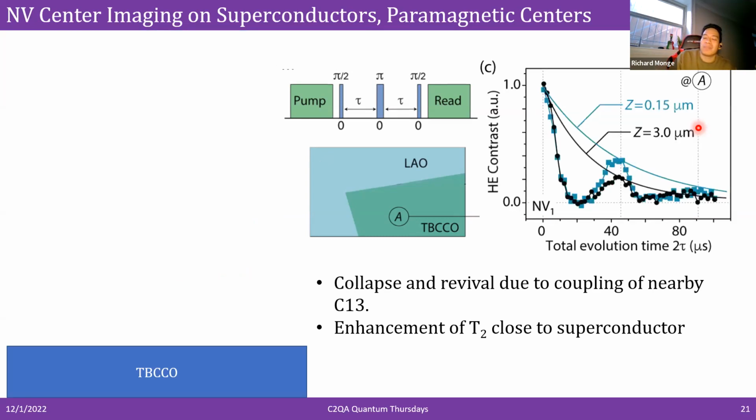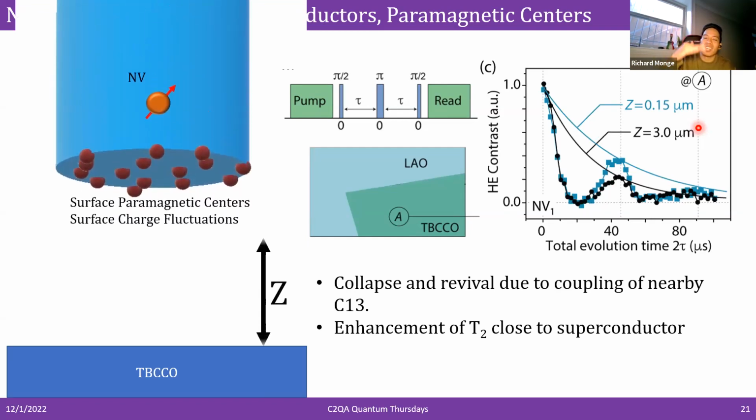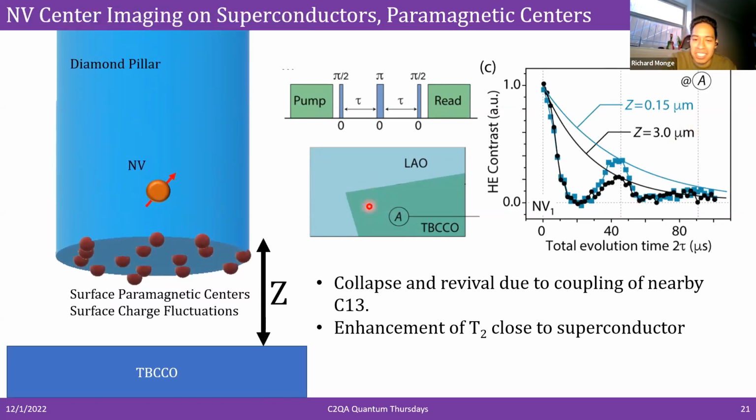To confirm this effect a bit further, we now are going to change the Z. We're going to remain on position A on top of the superconductor and change the distance. And we still observe the same effect: at 150 nanometers away from the superconductor, we get 43 microseconds, and 3 microns away from the superconductor, the T2 spin lifetime is 29 microseconds.